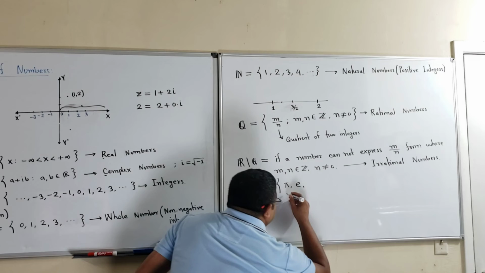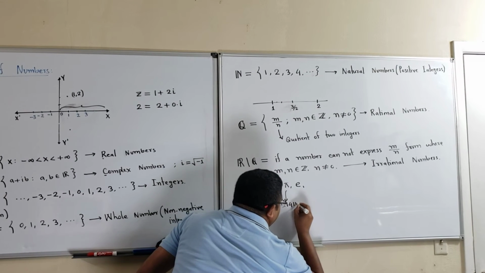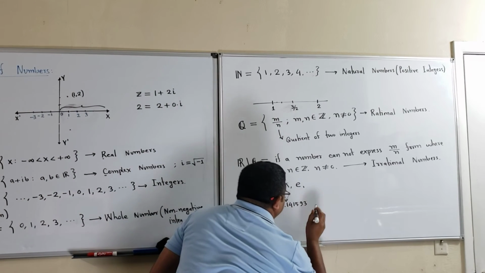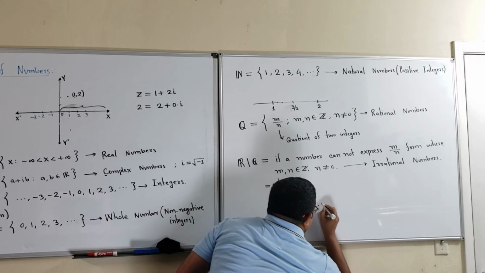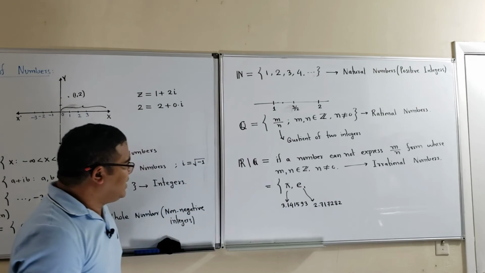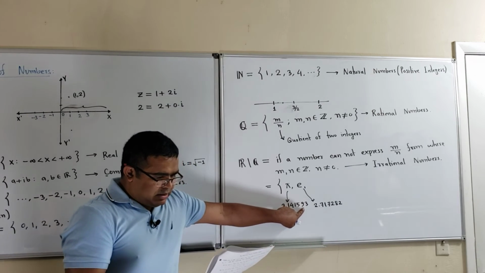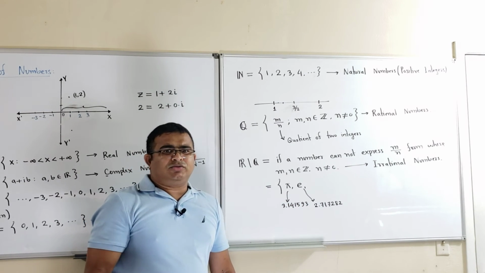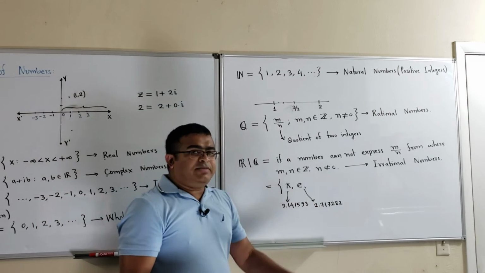The value of pi is approximately 3.141593, and the value of E is 2.717282. These digits never terminate and never repeat the same pattern. For irrational numbers, those digits never terminate or never repeat the same pattern.